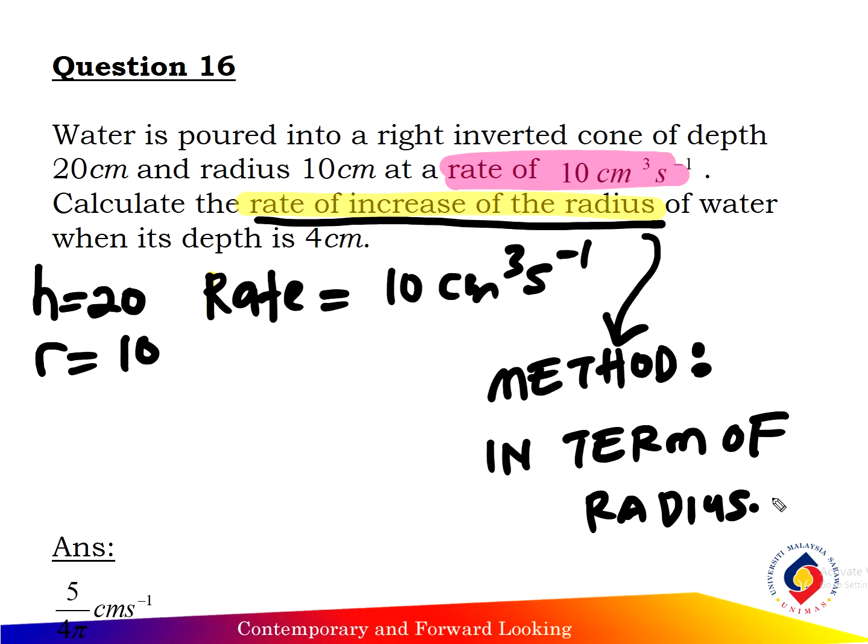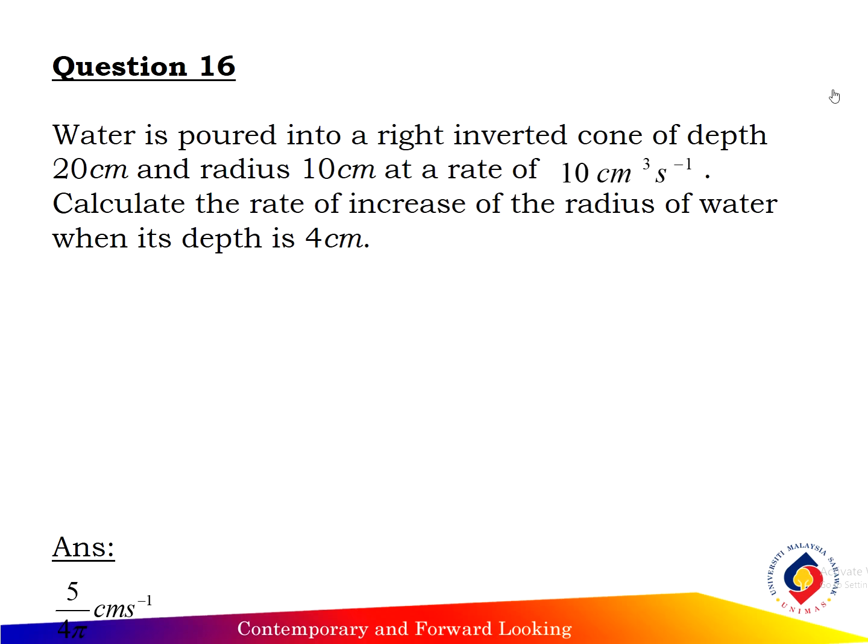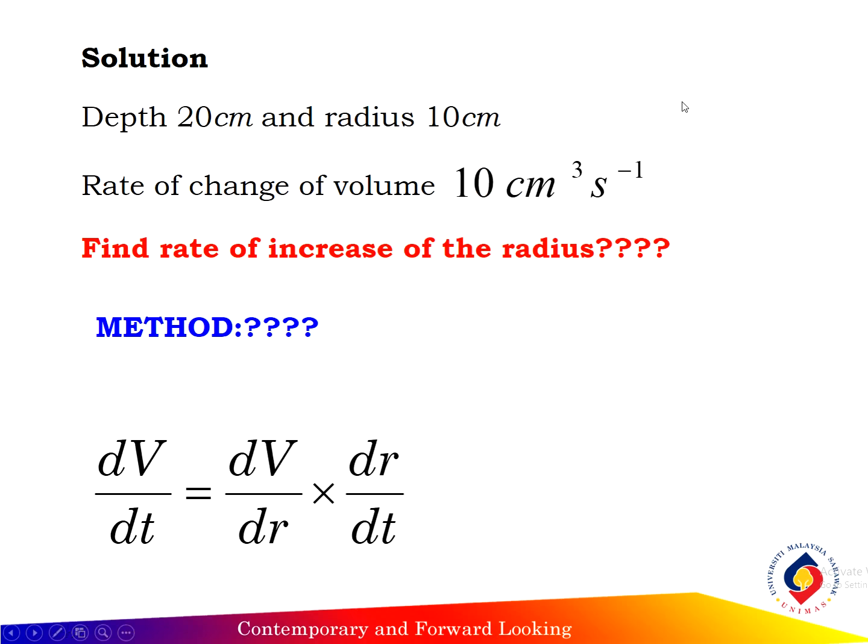The rate of change of volume here equals 10 centimeter cube per second. Centimeter cube is the volume of the inverted cone, and per second is in terms of time. So here 10 centimeter cube per second is dV over dt.